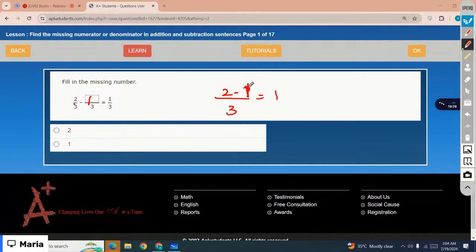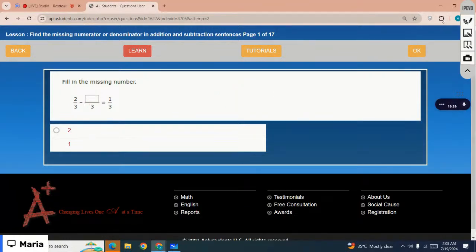So 2 minus 1 is 1 over 3. Got it? So the missing number is 1.